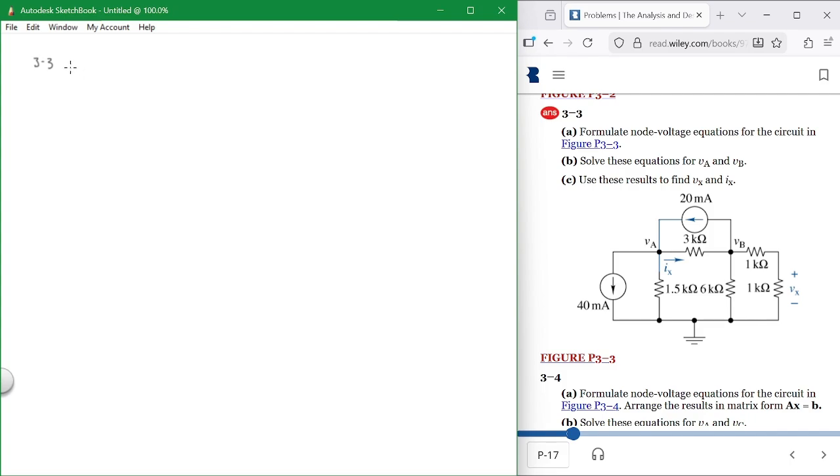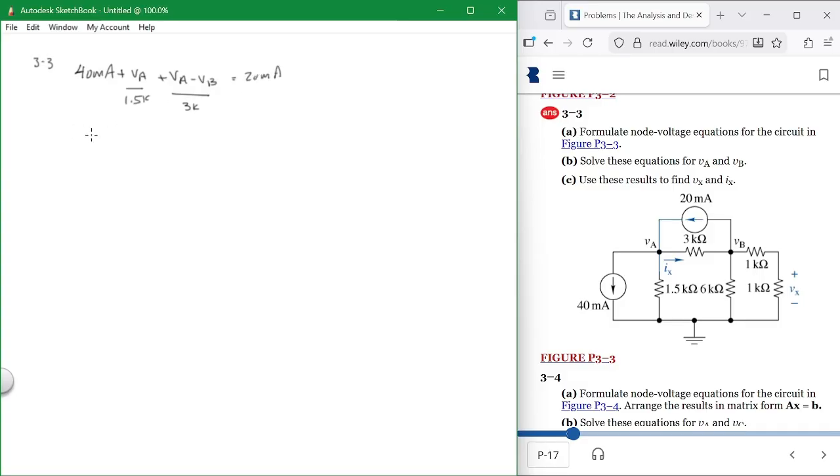So it's the current going out of 40 milliamps plus VA over 1.5K plus VA minus VB over 3K. That's current going out, current going out, current going out is equal to 20 milliamps, or the current going in.